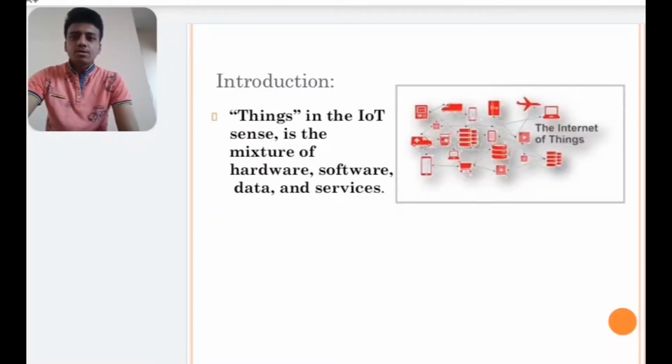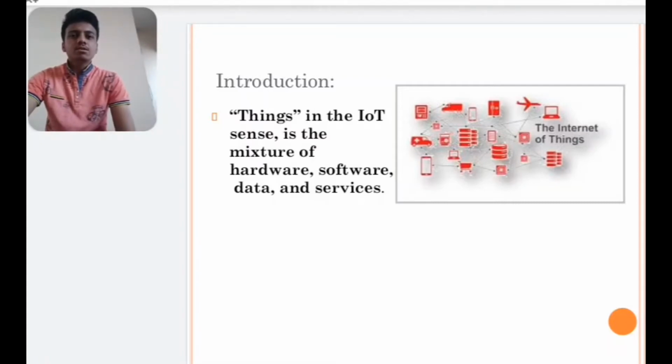Then the next point, the things in Internet of Things is a mixture of hardware, software and data services. When we say things in the Internet of Things, the word things is basically a mixture of hardware, software, data and services.